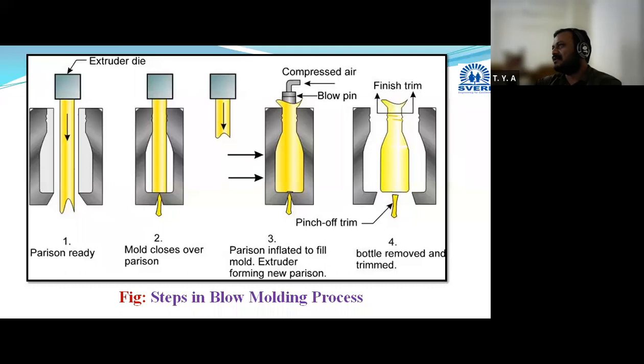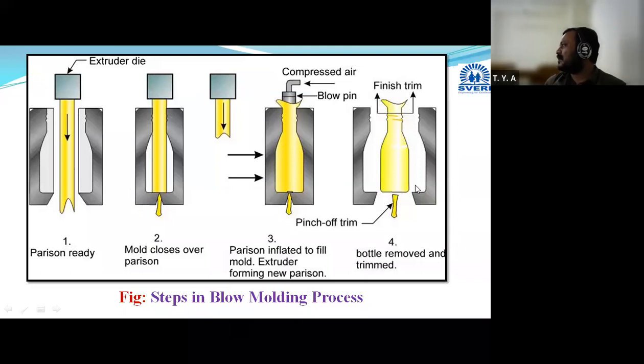Okay, now please draw this diagram, and if you are having any query, you can ask me. Okay, these are the 4 stages. The first stage is preparation of the parison or preform and placing it in the mold parts, then closing of that mold, then in the third stage blowing operation, then removal.